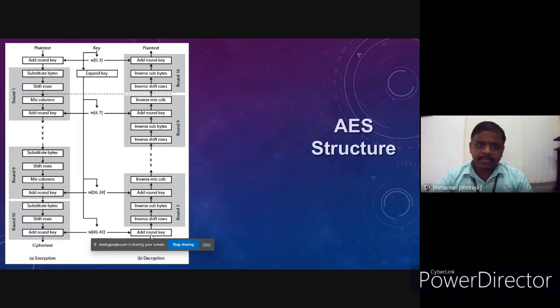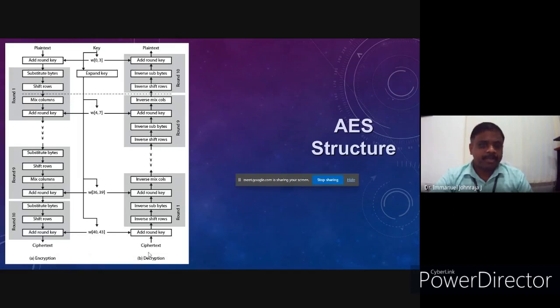And in parallel, your decryption also happens. You see the output is the ciphertext. The ciphertext is fed to add round key, but which word is added? The last key which was supplied, which means the key is supplied in the reverse order. So add round key, then round 1.